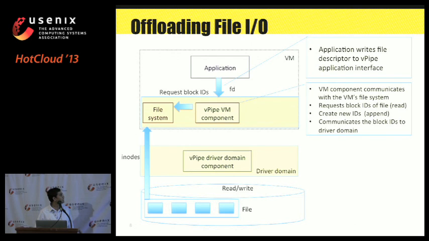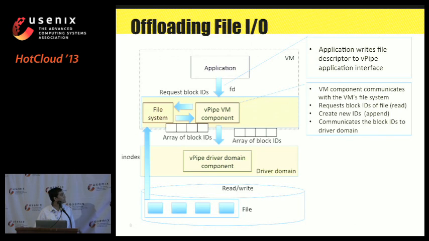The file system, in turn, may go to the disk just to read the inodes, not the actual data blocks, but just a few inodes that correspond to the file, if they're not already cached in the system. It then gives an array of block IDs to the vPipe VM component.